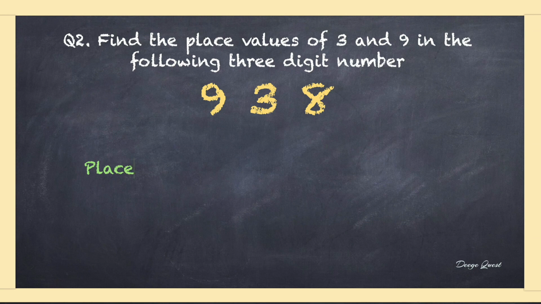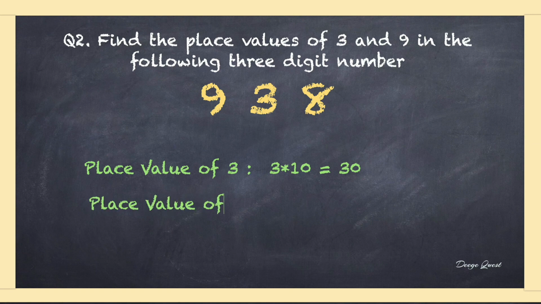So, the place value of 3 would be 3 multiplied by 10, which is 30. And the place value of 9 would be 9 times 100, which is 900. Let's go to the next one.